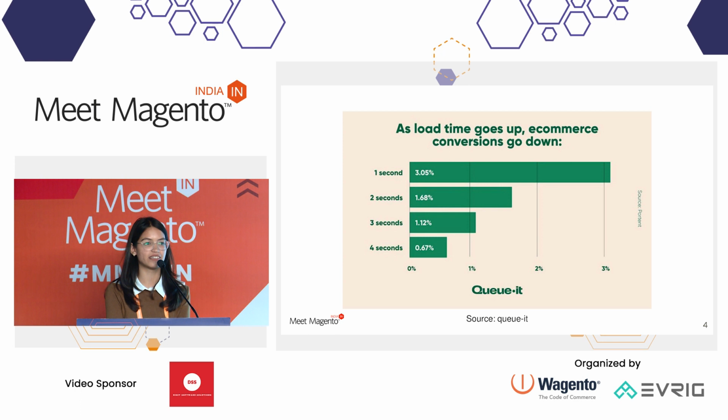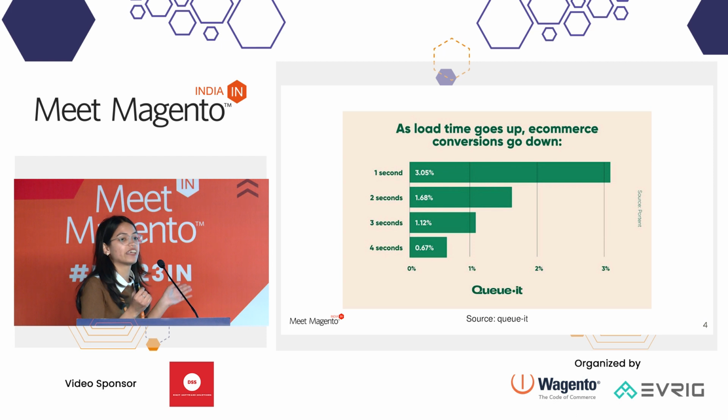As data says, whenever the page loading time of a site increases, the conversion starts going down rapidly. As you can see here, if a page takes 1 second to load, the conversion is 3.05. And if a page takes 2 seconds to load, it is 1.68. And that really impacts, right?